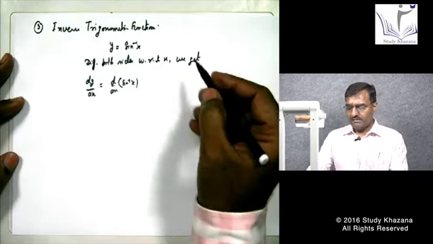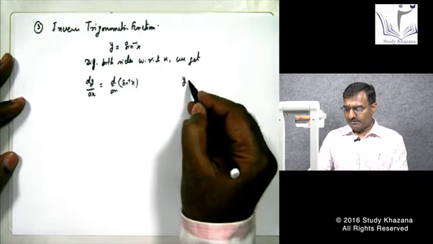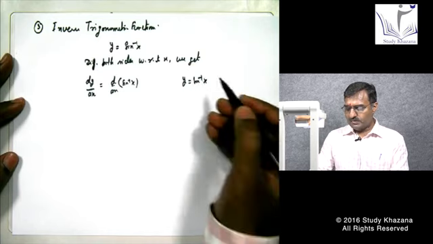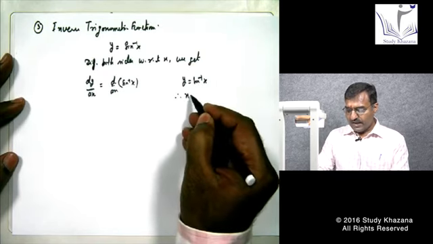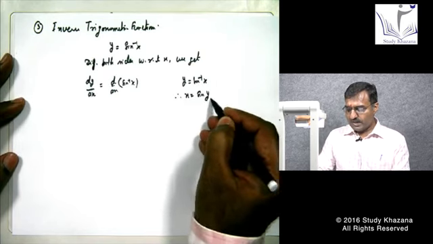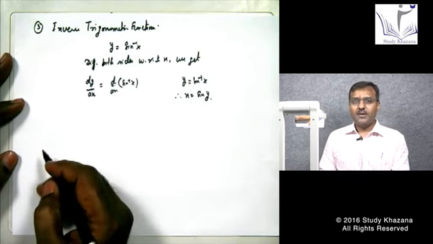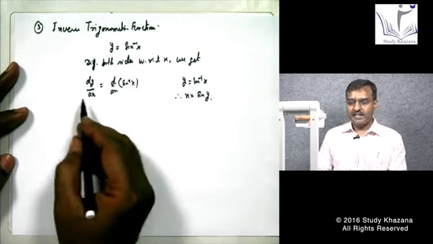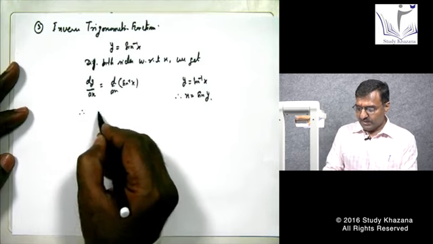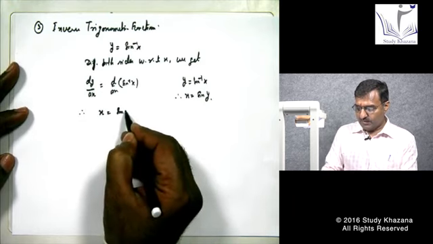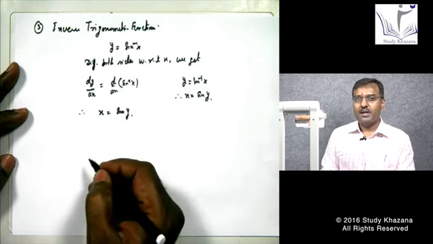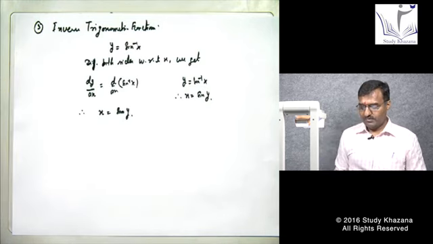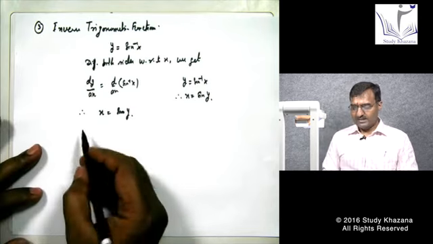So what I will do, first I will write from here y equal to sine inverse x, so x equal to sine y. Now it is easy to find the derivative. Now I will take the derivative of this function.